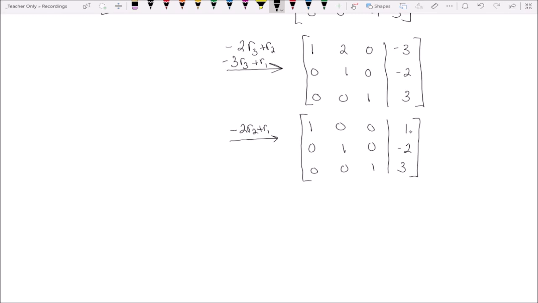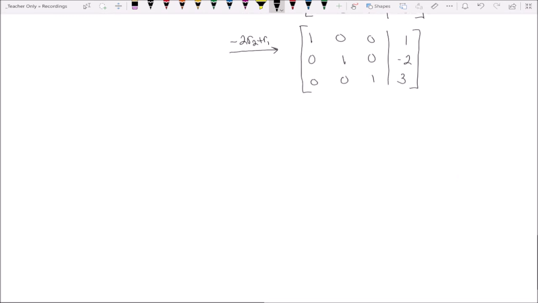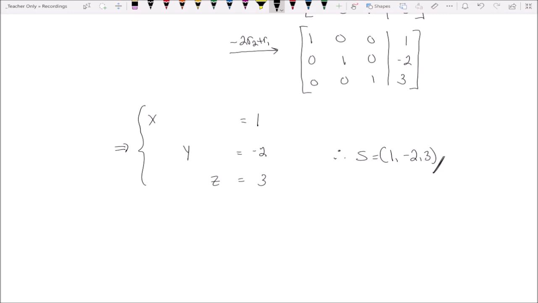Now, at this point, again, you want to write this augmented matrix as its system. This would be the system. And notice that this immediately gives us our solution of 1, negative 2, and 3.